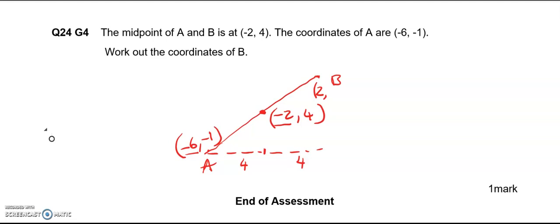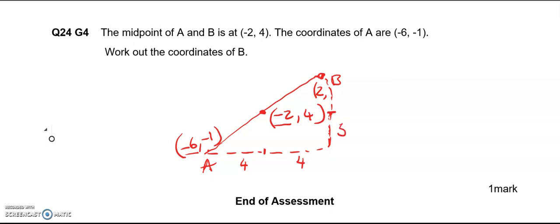Now we'll see what's happened going from A to B. How many units have we moved up? To go from A to the midpoint first, we've gone from -1 to 4.